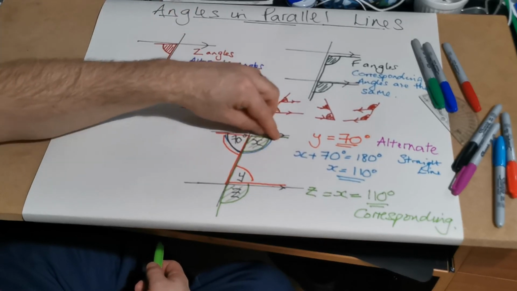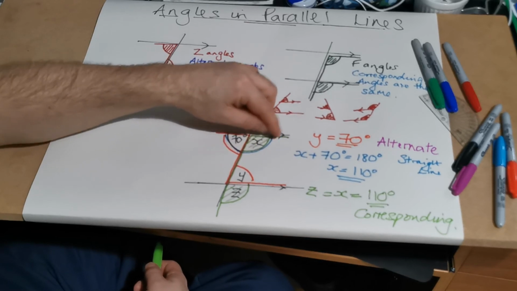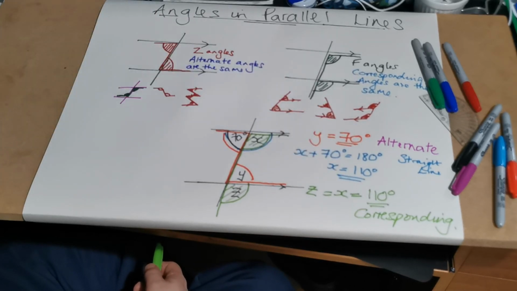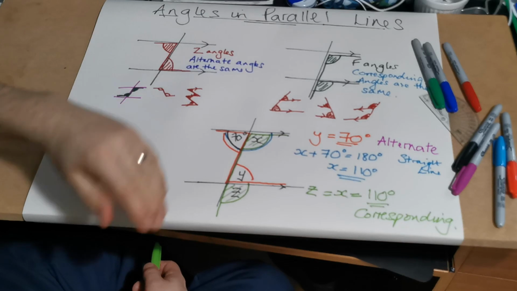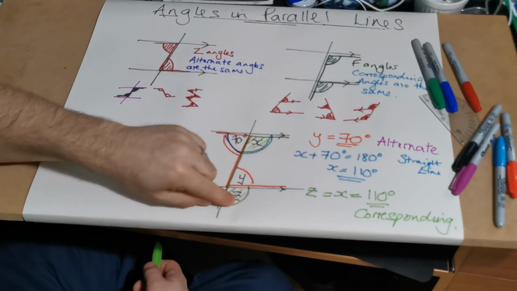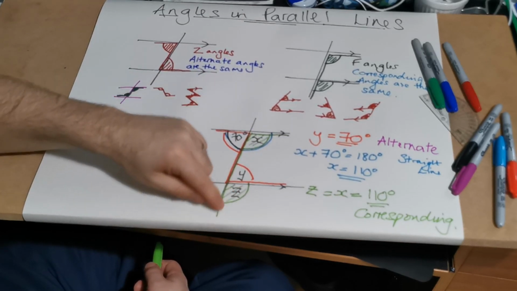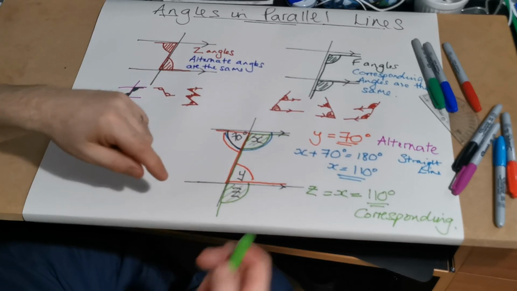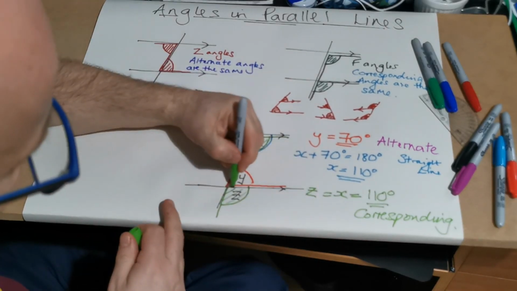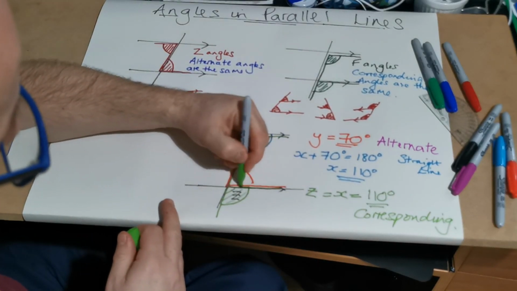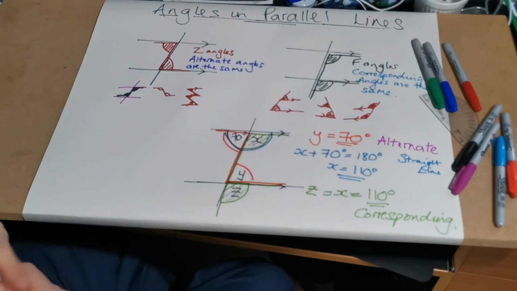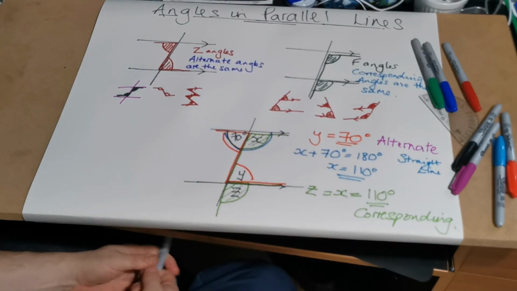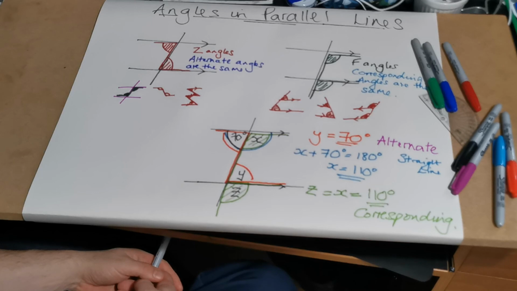My X and 70 were on a straight line, so that makes X 110 degrees to make up the 180 degrees. And my X and my Z, once I'd found that X, I could see that F shape was there. And because that F shape was there, I could use the idea that they were corresponding to get my answer. I hope that makes sense.